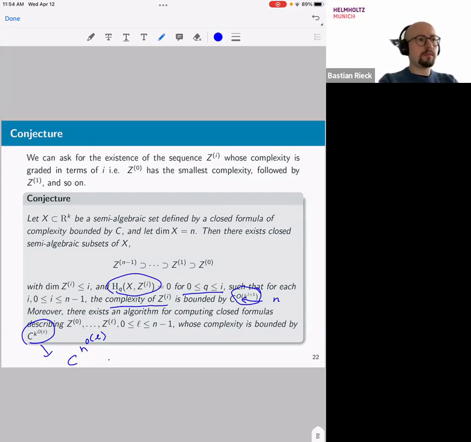And the idea being that low dimensional homological or even homotopical information should be easier to compute than the total homotopy of a given semi-algebraic set.